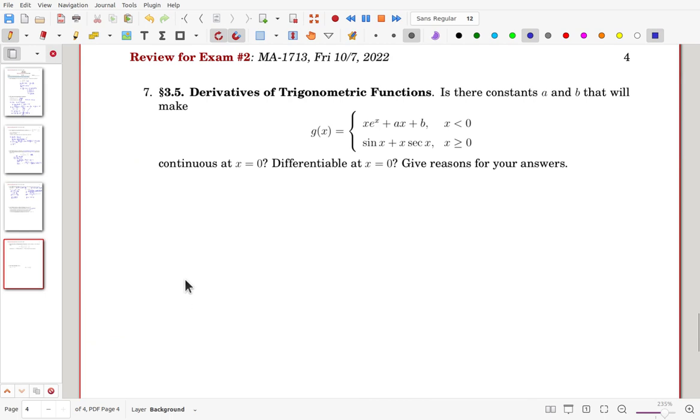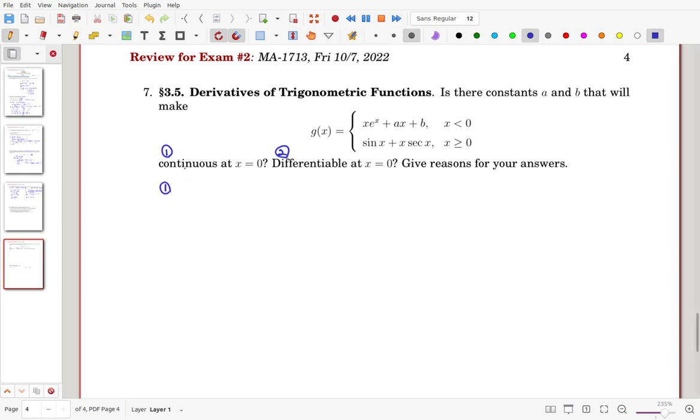Okay, now number 7 here, about trigonometric functions. Are there constants a and b that will make this function g of x continuous at 0 and differentiable at 0? Try to give reasons for your answers. Okay, let's check the continuity first and then the differentiability.